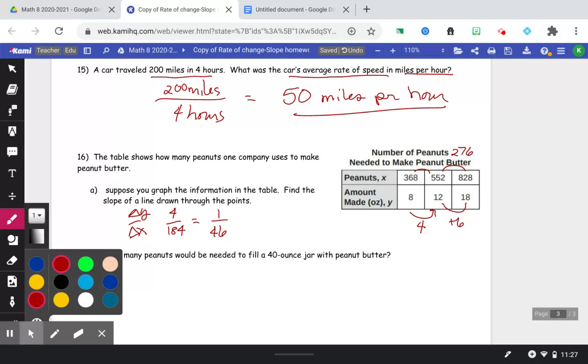But you still have the same slope, because for every increase of 6 ounces, you're increasing the nuts by 276. So if we were to reduce that, divide the top and the bottom by 6, you still get 1 over 46. So that's your slope. Okay.